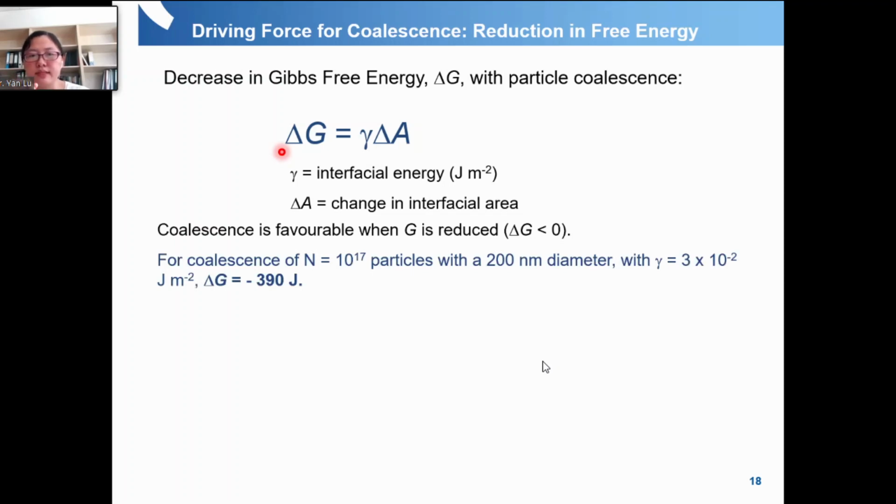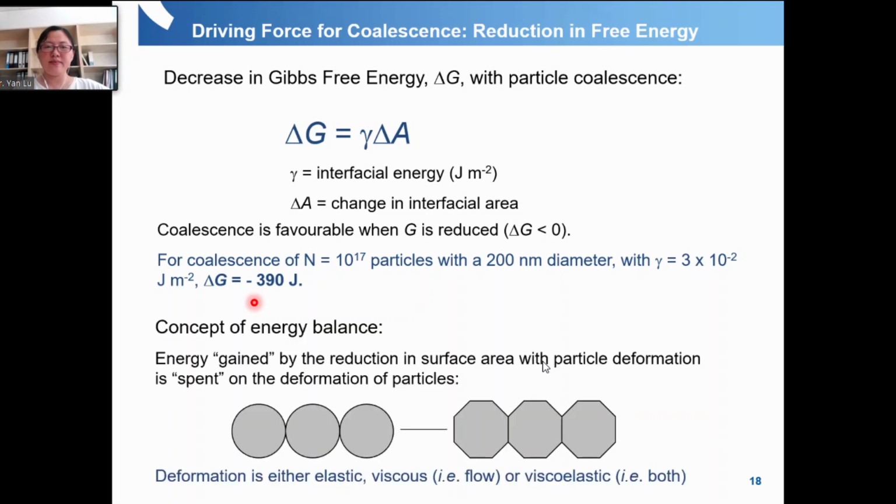I continue with the example from the last slide, with the particles of 200 nanometer diameter and this interfacial energy, and then you will get minus 390 joule for the decrease in the Gibbs free energy. So this is quite a large change in the Gibbs free energy.